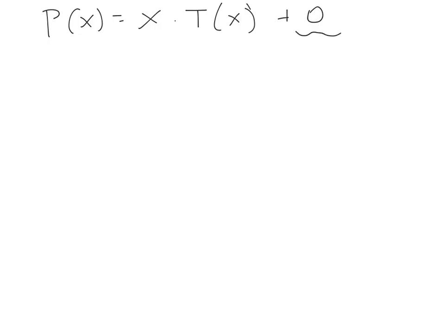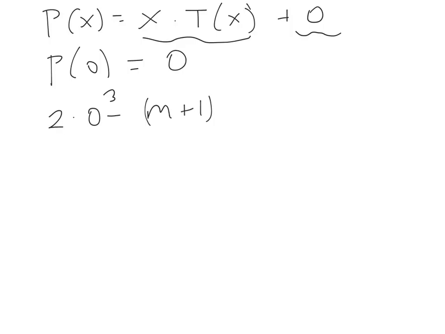So what is p of 0? P of 0 is 0 times t of x, which is 0. So let's plug in 0 in the original polynomial. 2 times 0 cubed minus m plus 1 times 0 squared minus n times 0 plus 3m minus 1 must be 0.